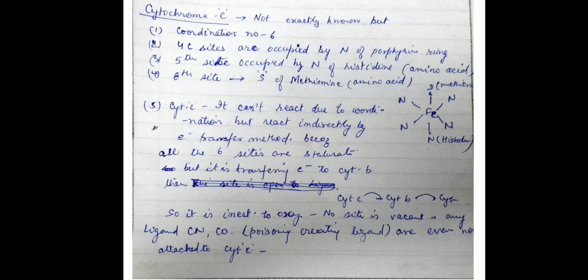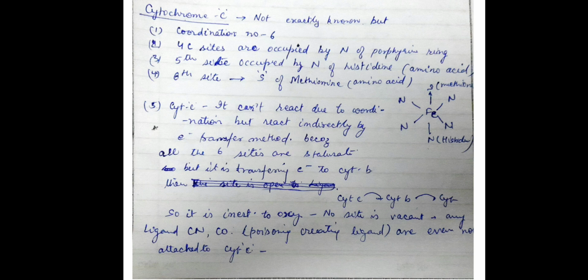Cytochrome C can't react directly due to coordination but reacts indirectly by electron transfer, because all 6 sites are saturated. It accepts electrons from cytochrome B and then transfers them to cytochrome A. So it is inert to oxygen. No site is vacant for any ligand.